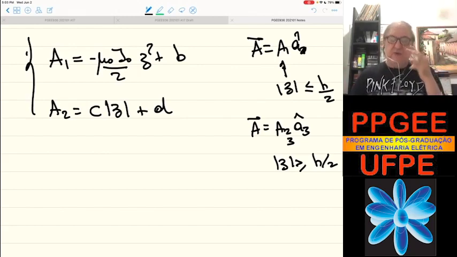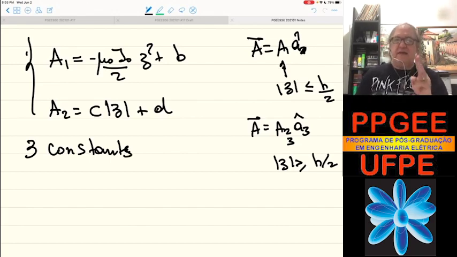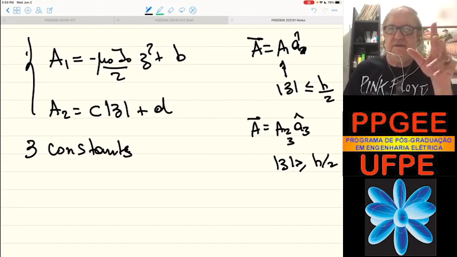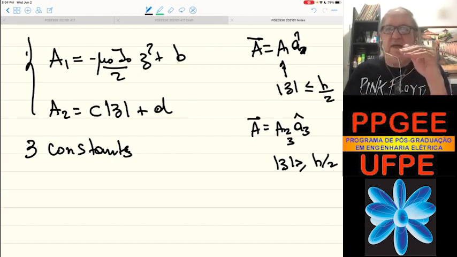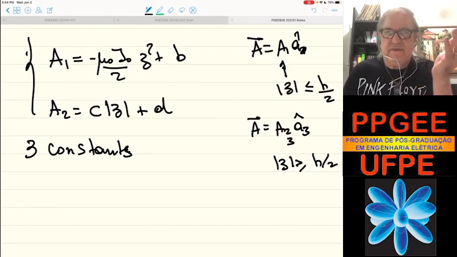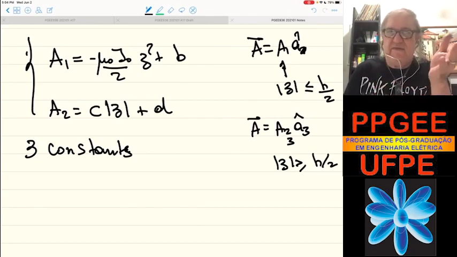So we have three constants, right? We can determine two constants only from the boundary conditions, and one constant is going to be undetermined. But is that a problem? If you consider that the B field equals the curl of A, this constant, whatever its value, is not going to affect the B field.